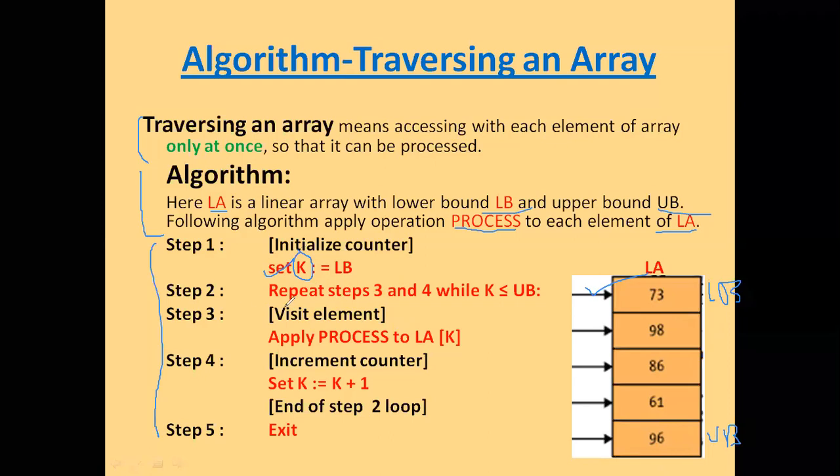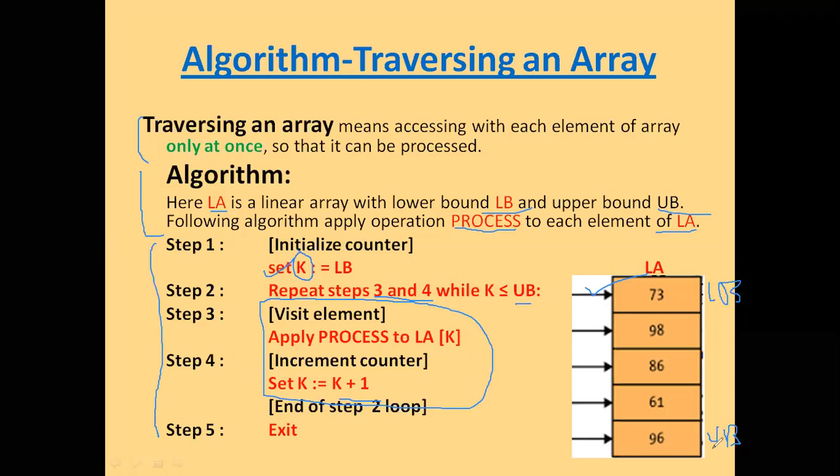Now how to write this repetition? What you have to repeat is the third and fourth step. What is the third step? That processing, and the fourth step is that increment. So how to show in the algorithm how many steps you are going to repeat in your loop structure? This is your module. So here you have to write like this: repeat steps 3 and 4 while k is less than or equal to upper bound.